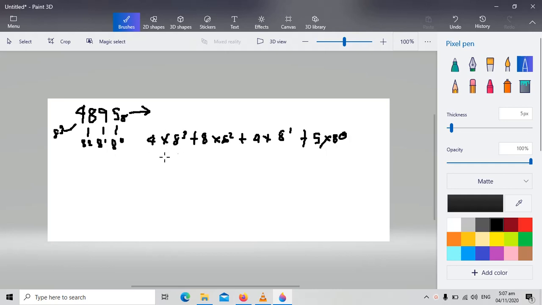Alright, multiply the values again. 4 times 512 because 8 to the power of 3 is equal to 512, and plus 8 times 64, plus 4 times 8 is 32.